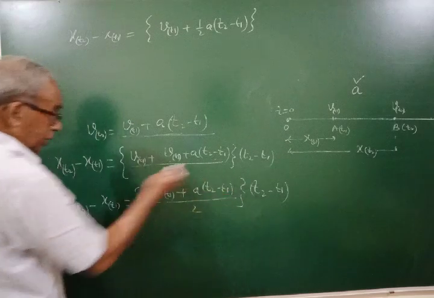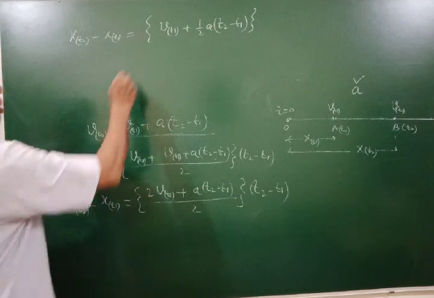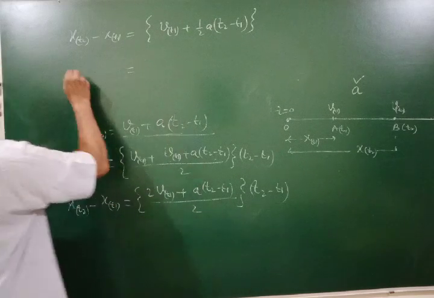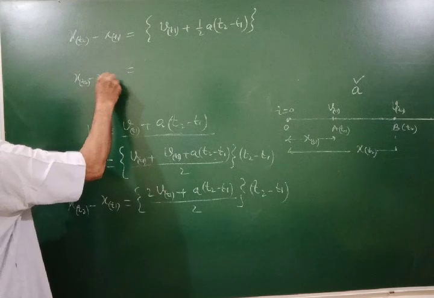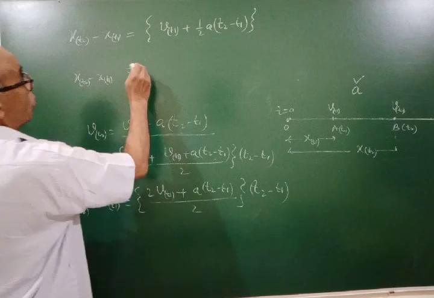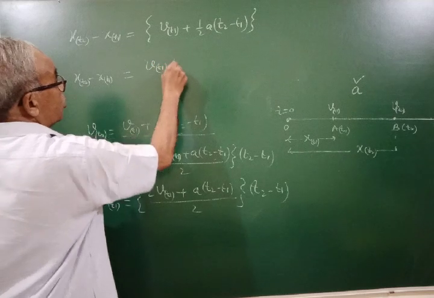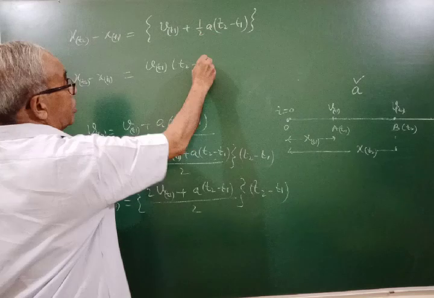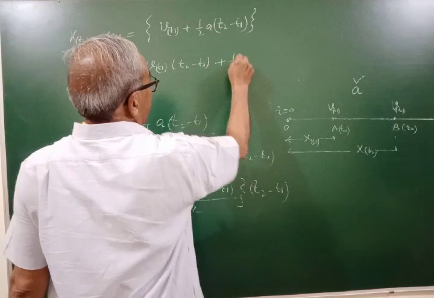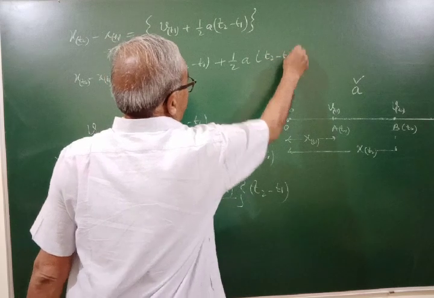I have split these two, and hence xt2 minus xt1 is equal to Vt1 into (t2 minus t1), plus half a into (t2 minus t1) whole square.